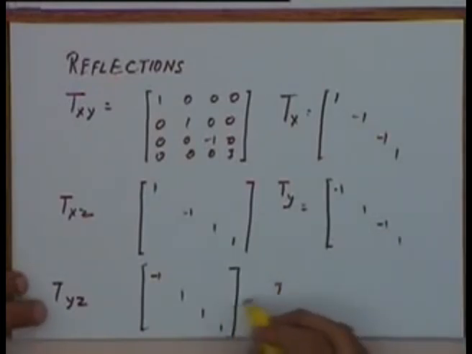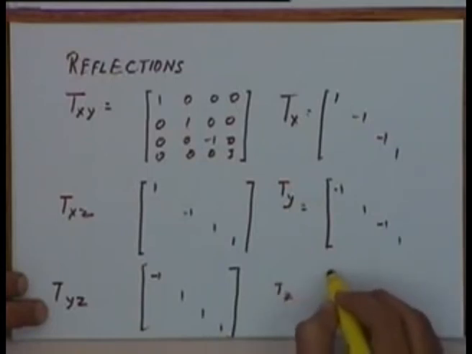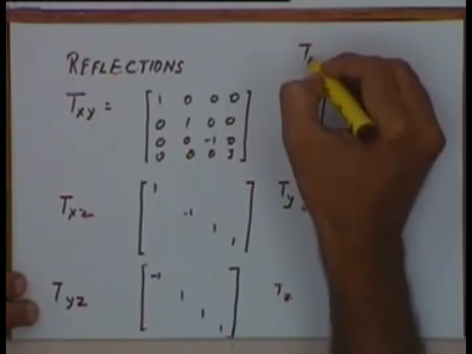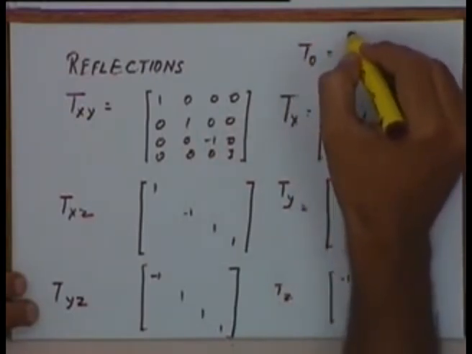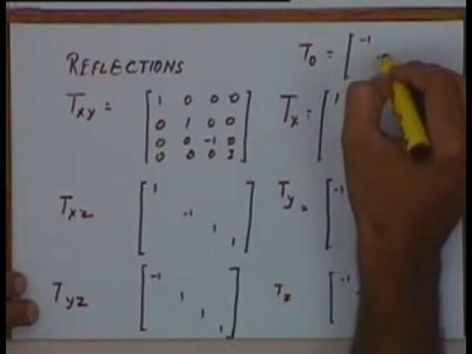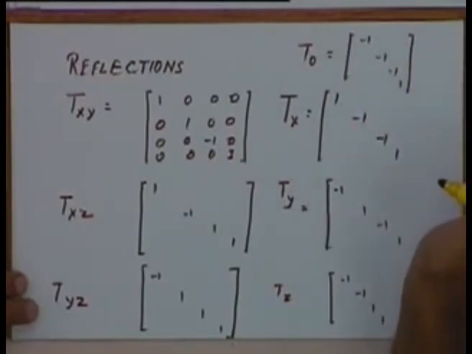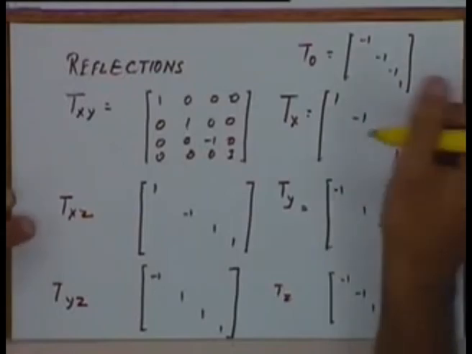If you want to reflect about the z axis, x and y values will change. If you want to reflect about the origin, all the values will change. So reflections are very easily captured as scaling operations.